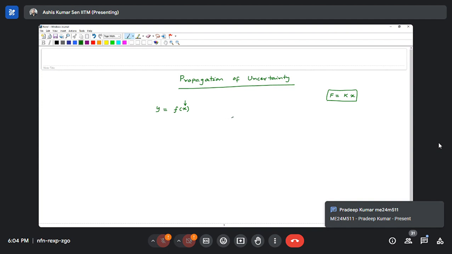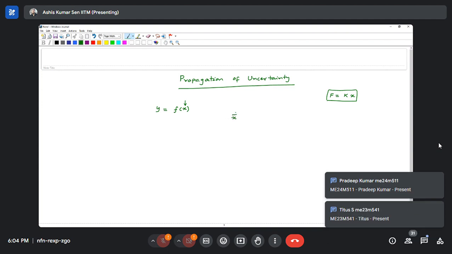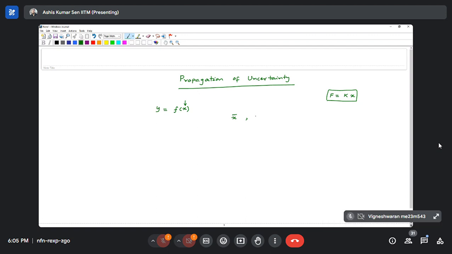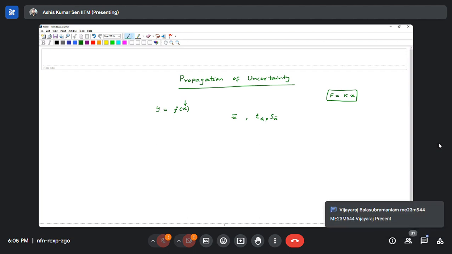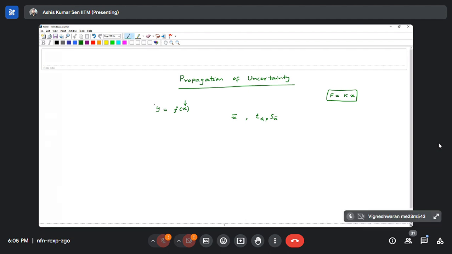Let's say you have measured x many times and you found this is the mean, and you also found the standard deviation, and from that you found the random uncertainty, which is t nu p S x bar, right? This is the random uncertainty. Now the question is how this random uncertainty will influence the prediction of y, right?